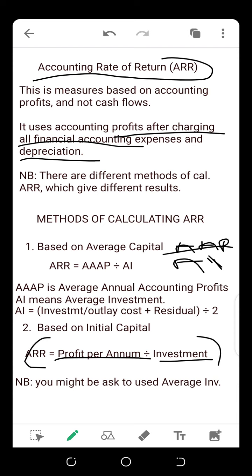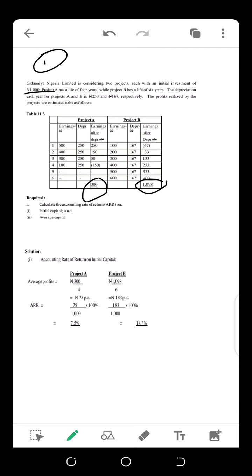So they had project A as when you divide 75 by 1,000, you have 7.5 and 18.3 in percentage because it's a rate. So you put the rate in percentage.